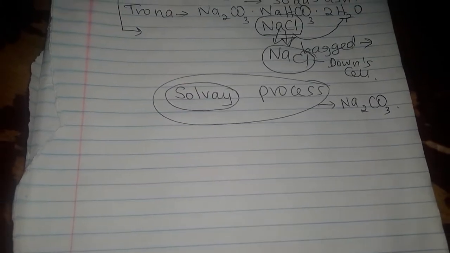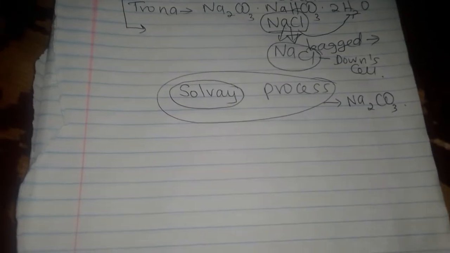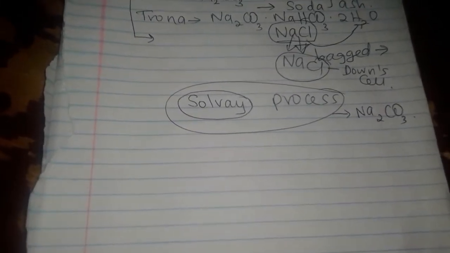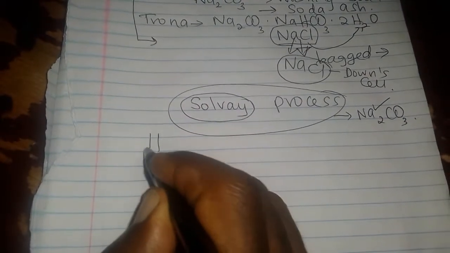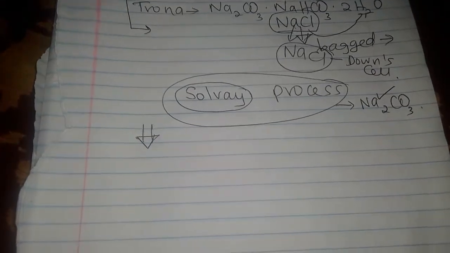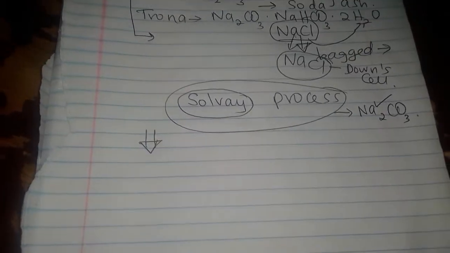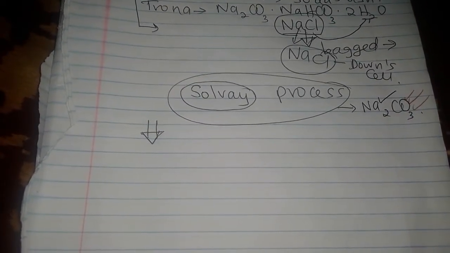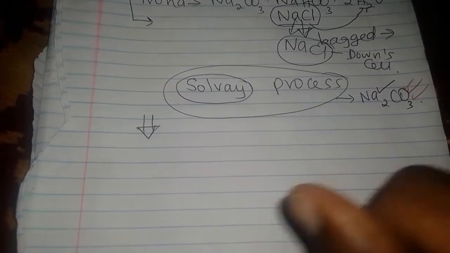So a diagrammatic representation, a flow chart that can summarize the Solvay process that aims at manufacturing sodium carbonate, is as follows. I'm going to use that flow chart to explain how this process ends up manufacturing sodium carbonate, which is required on industrial and commercial scale for different purposes.